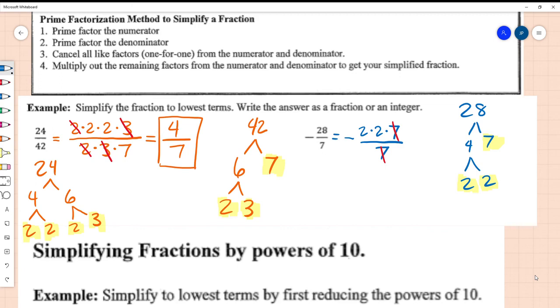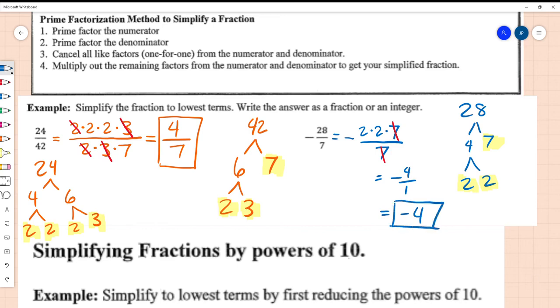And it's a negative, so we'll write this as negative 4 over 1. Because again, when we cancel everything in the denominator, it becomes a 1. One of our properties of fractions is that anything over 1 is the same number. It's a whole number, an integer.